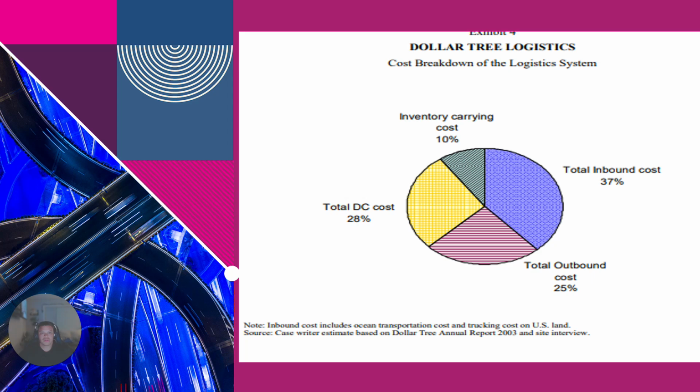The Dollar Tree Logistics cost breakdown of their system and business model looks like the following. 10% of their cost in their logistics system is inventory carrying, so what they carry in their distribution center. 28% is in the total distribution cost itself, which leads to an easy visual that the total DC, the operational cost of the distribution center, is more than double the cost of the inventory within it.